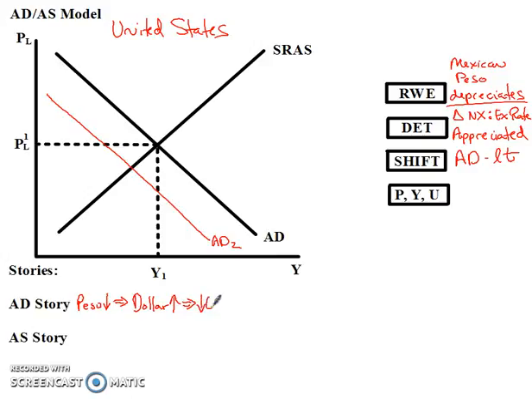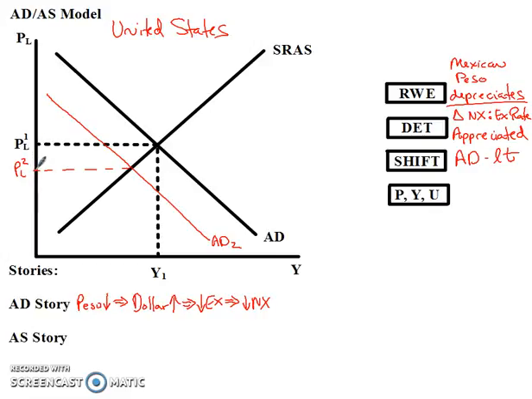So American exports will fall, and if American exports fall, our net exports will fall. Really, what this means is that Mexican citizens buy fewer of our goods, and that means the price of American goods is going to get bid down, because foreign people aren't buying as many American goods as before. So prices in the United States are going to begin to fall.